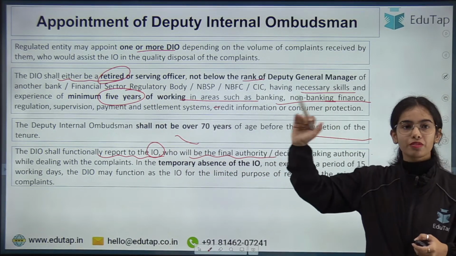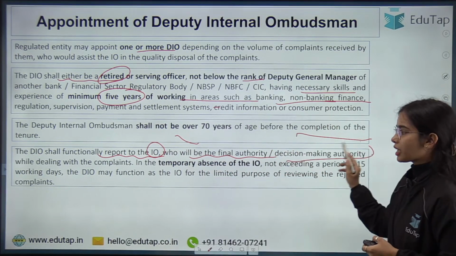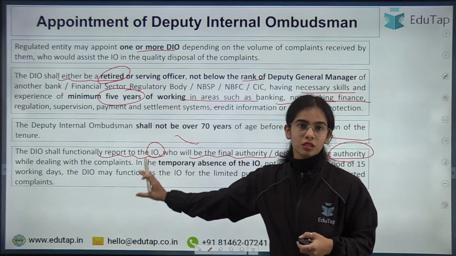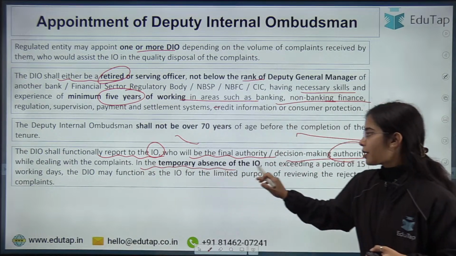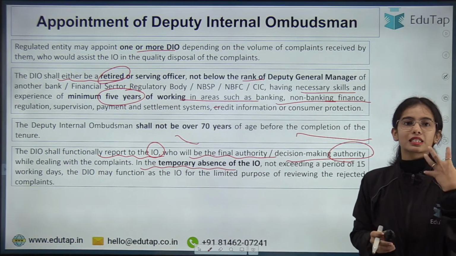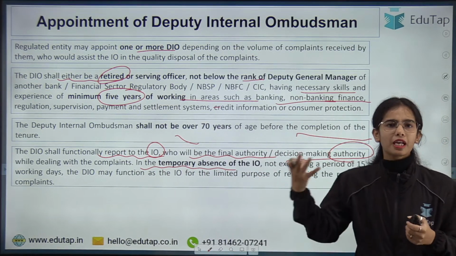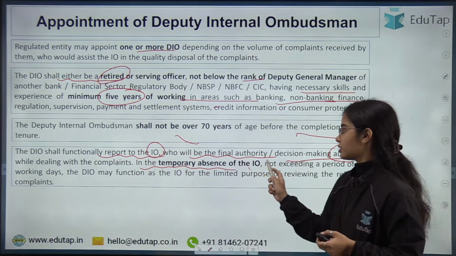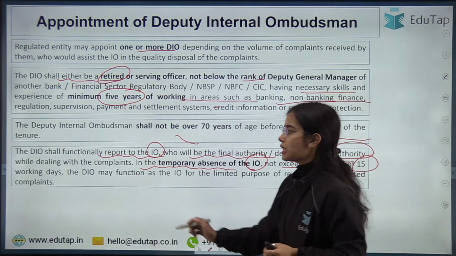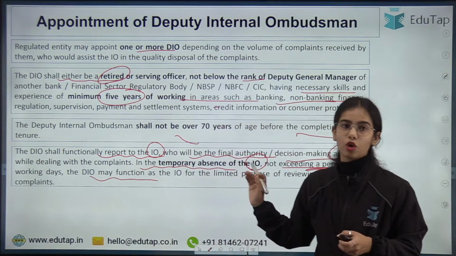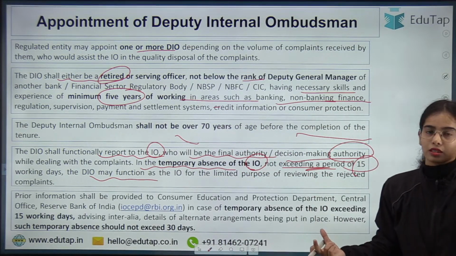So the internal ombudsman will be the final or decision-making authority while dealing with the review of complaints. In the temporary absence of the internal ombudsman, let's say there is some wedding or some temporary absence required by the internal ombudsman, not exceeding a period of 15 working days, the DIO may function as the internal ombudsman for the limited time period. Okay.